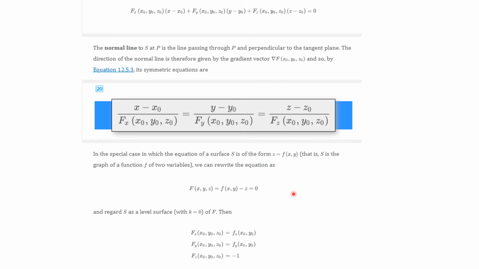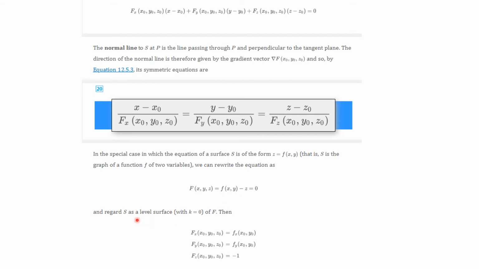Now we can look at a special case in which the surface S is of the form z = f(x, y). That is, S is the graph of a function f of two variables. When you rewrite this equation, you have that F(x, y, z) = f(x, y) minus z equals 0. We're making that equal to 0 like we had it up here.